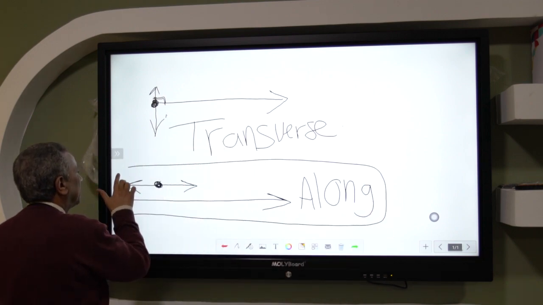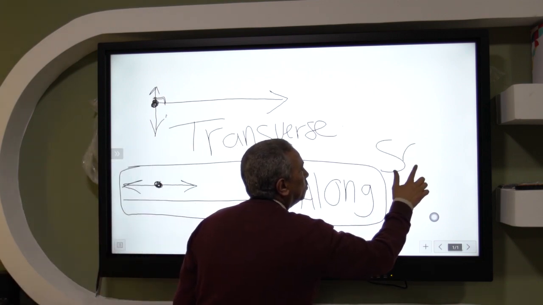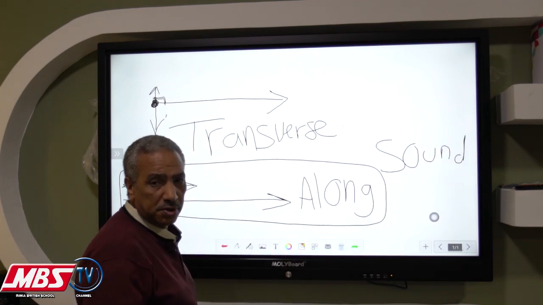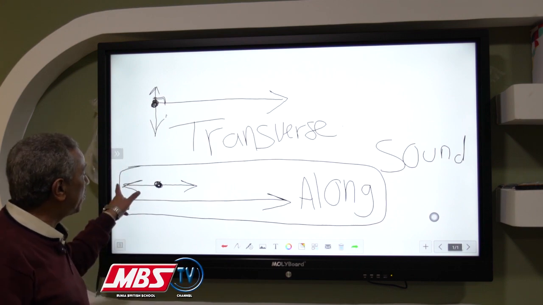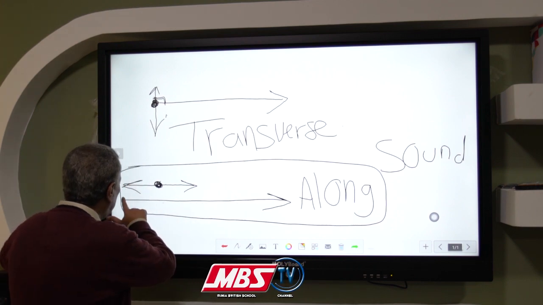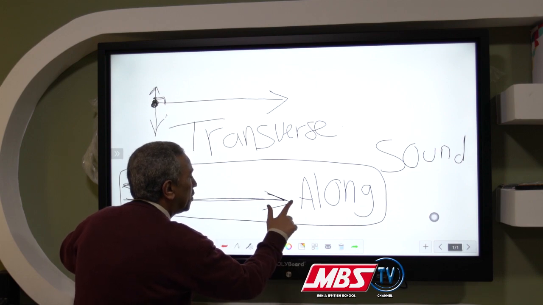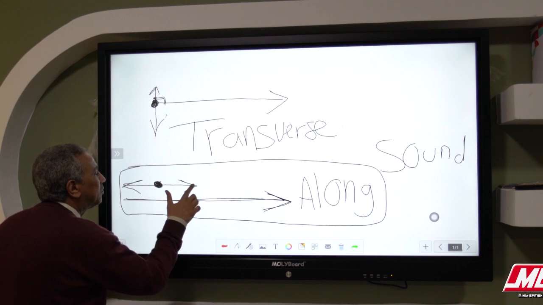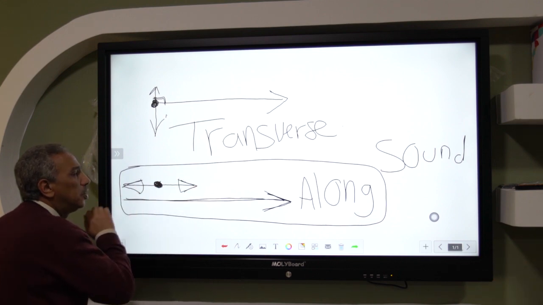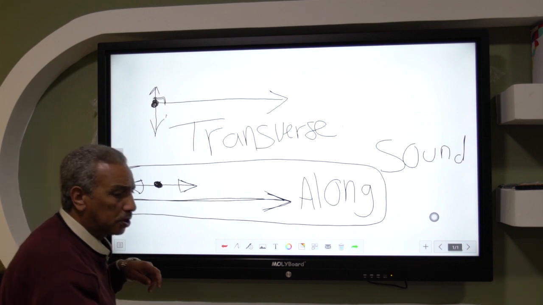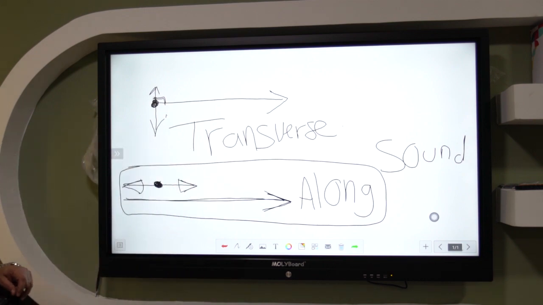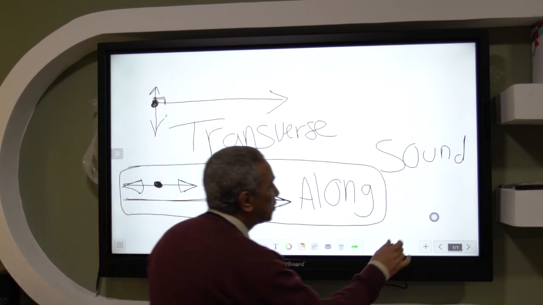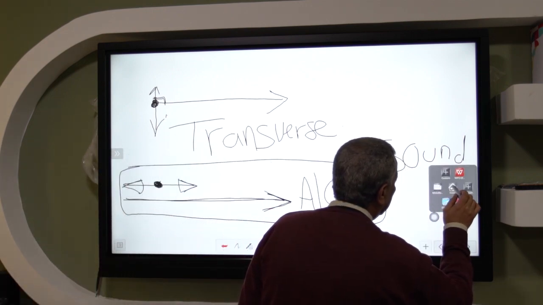In the description of the sound, particles of the medium vibrate along, or in the same direction of, wave propagation. This arrow means the wave propagation direction. But these 2 arrows, right and left, mean the vibration of the medium particles. The vibration of the medium particles must be in the same direction of wave propagation. This is the meaning of mechanical and longitudinal waves.